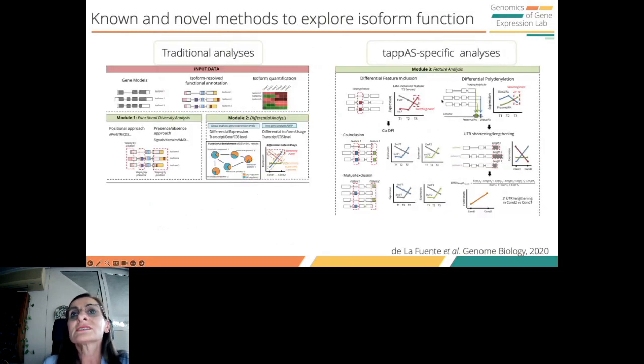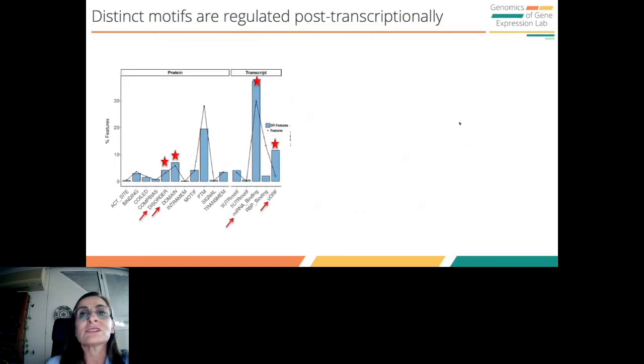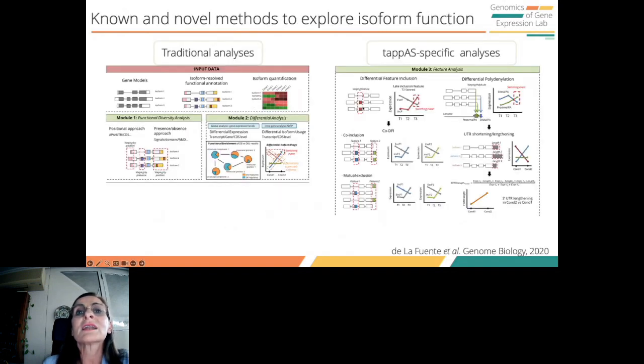And then we have this TAPAS-specific analysis that we developed specifically to better understand changes in functional content when you have different isoform changes, in which basically we take each functional element and evaluate the differential inclusion across isoforms as a function of the condition. We can do the same also for UTRs, and we can do that for polyadenylation signals and so forth.